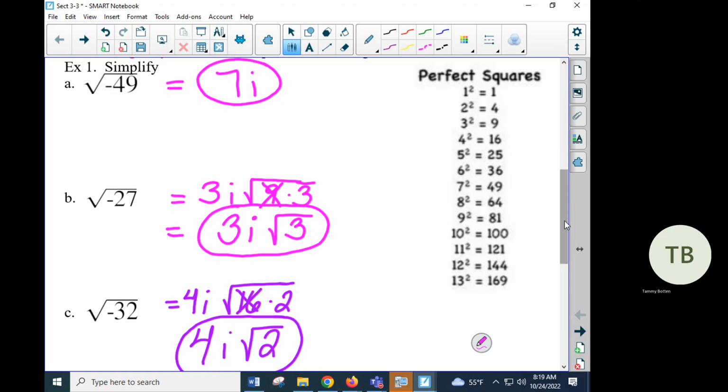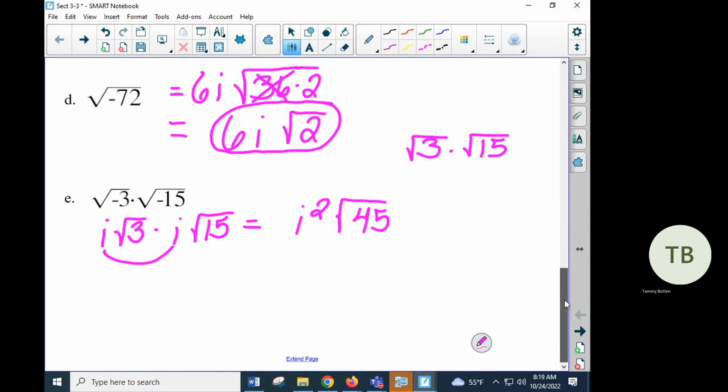36 does not, 25 does not, 16 does not, but 9 does. So this would be i squared, and 9 times 5 gives me 45. And then the square root of 9 is 3.